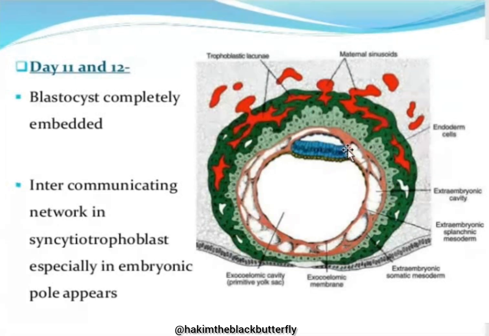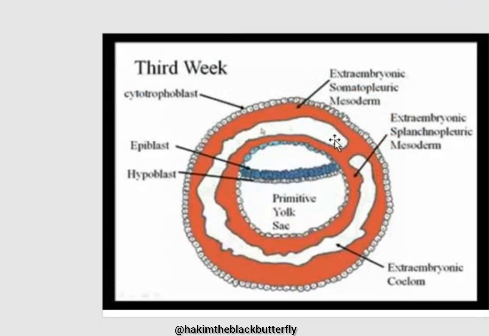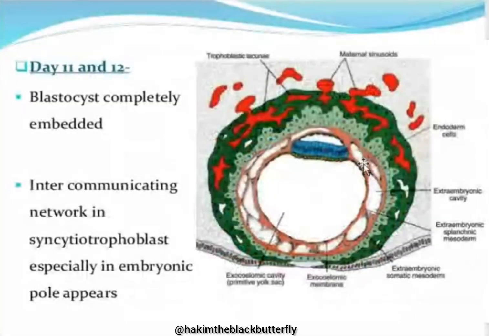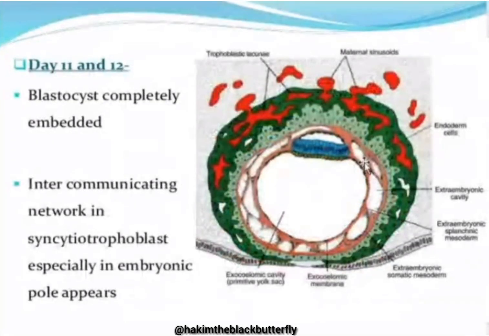The third membrane is the chorion. If this is our chorionic cavity, and here you can see it, this one, because these cavities later coalesce to form one continuous cavity.